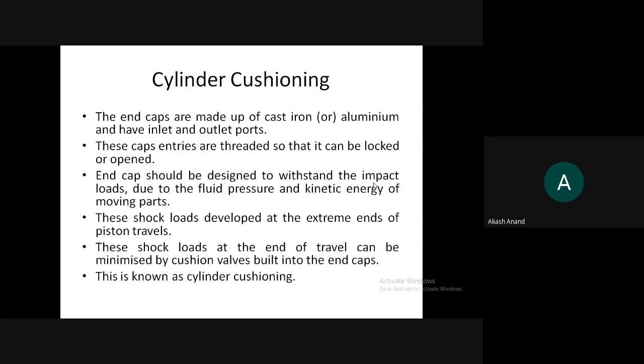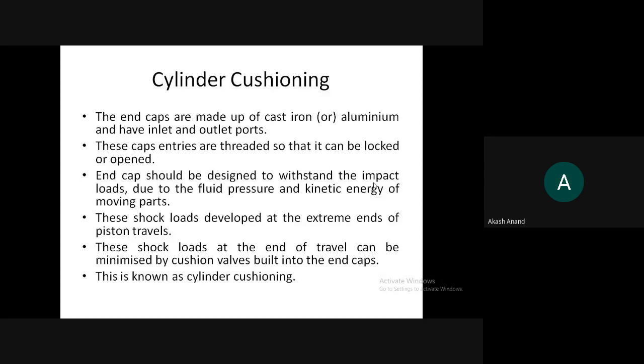So the next topic is cylinder cushions. You may be familiar with what cushions are. Actually, you are using cushions in sofas in your home. Why? Because they provide comfort to your muscles. Okay. So here also cylinders are provided with cushions.